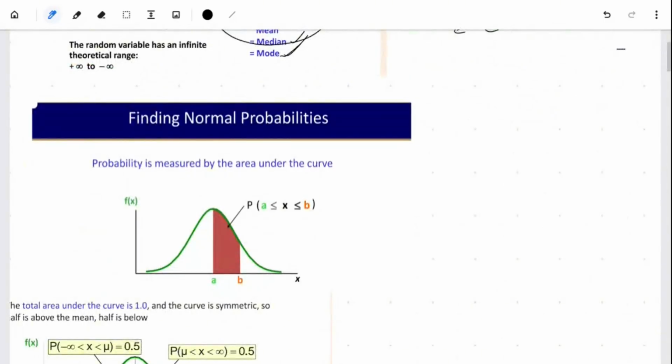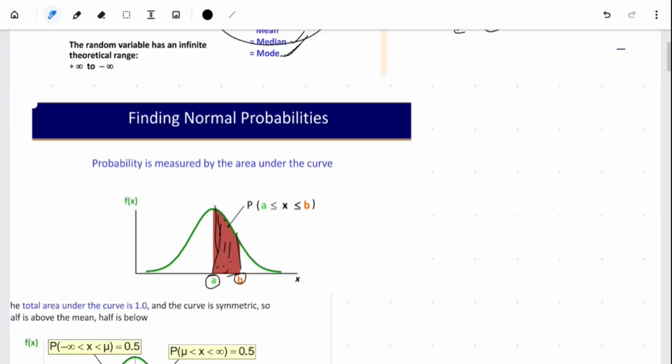All right. So finding a normal distribution, probability is measured by the area under the curve. For instance, if you want to measure the probability from this portion to this portion, that is when you get this shaded portion, right?